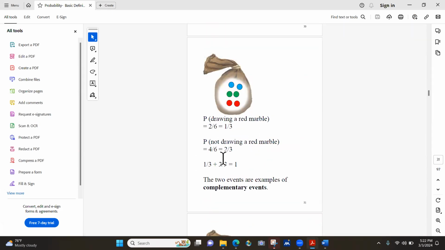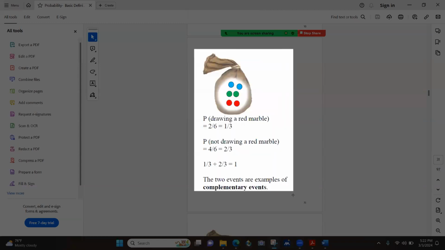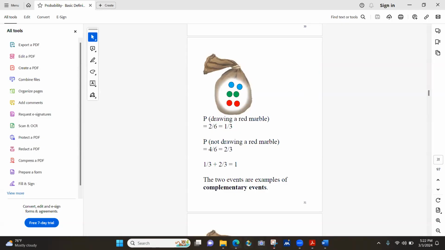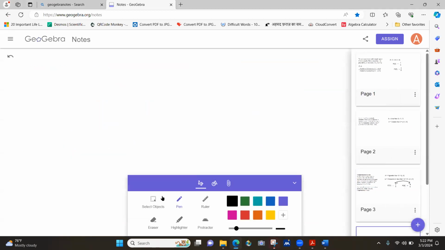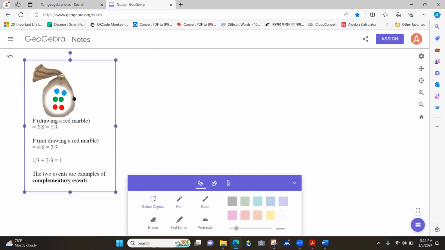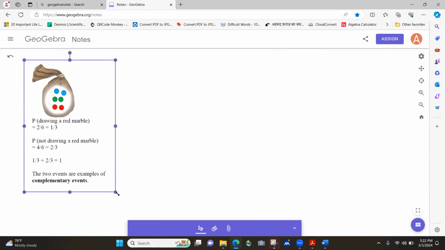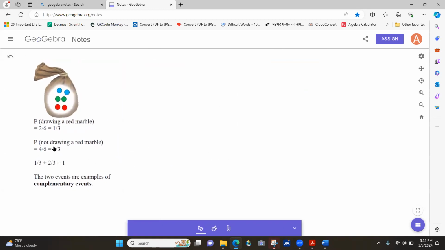So here is an example of complementary events. Let me take it to the other page. Another example. I gave you one. Let's do one more. These are complementary events.